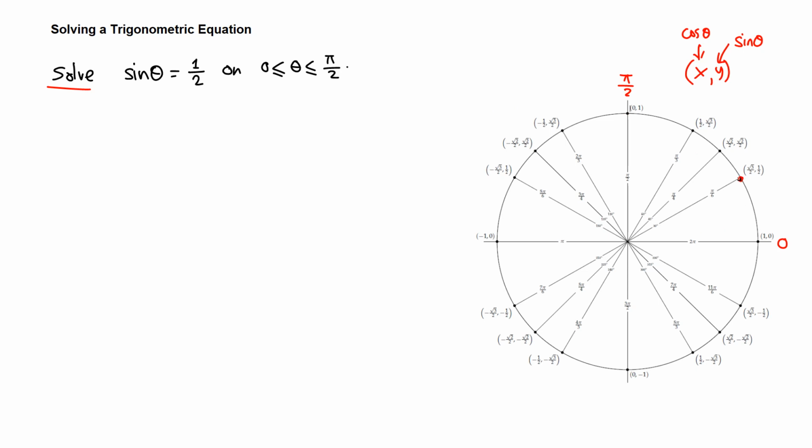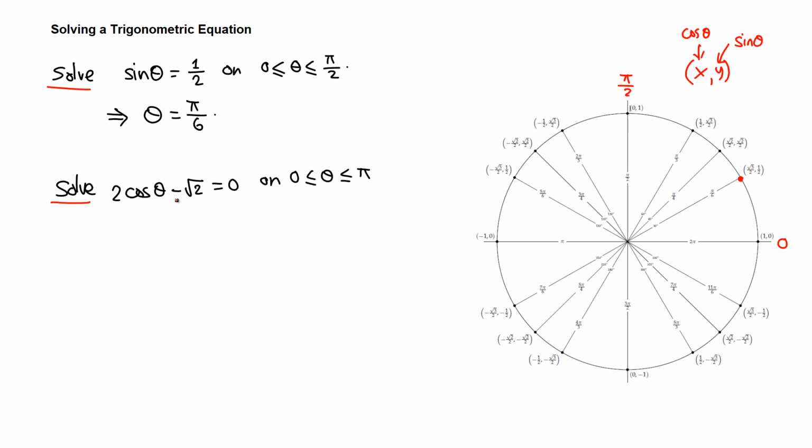If we look here, this is 30 degrees or pi over 6. So this is true when theta is equal to pi over 6 radians. That's it.